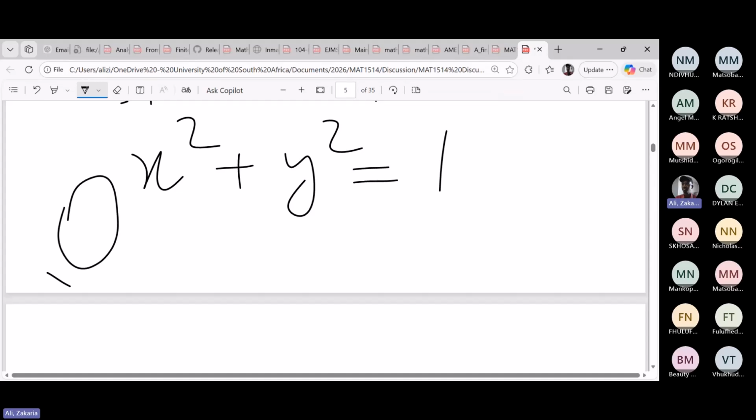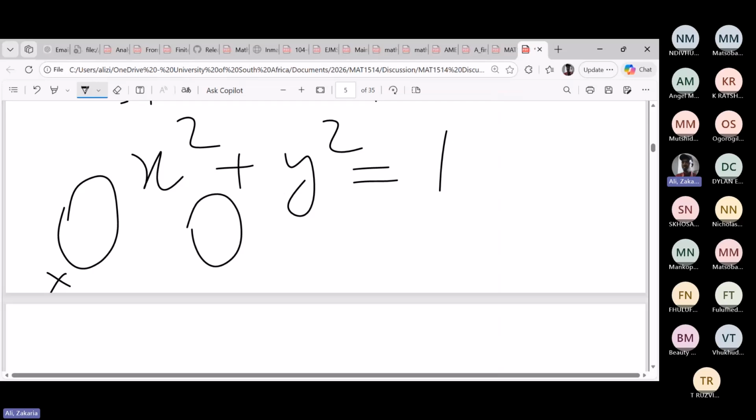I said we have a set of input x, which you call the domain, and a set of output y, which usually you call the range. Here you have, let's say, a, b, c and d. On this side you have f of a, f of b, f of c. If it happens that for a and b, f of a and f of b are the same, is that a function, yes or no?